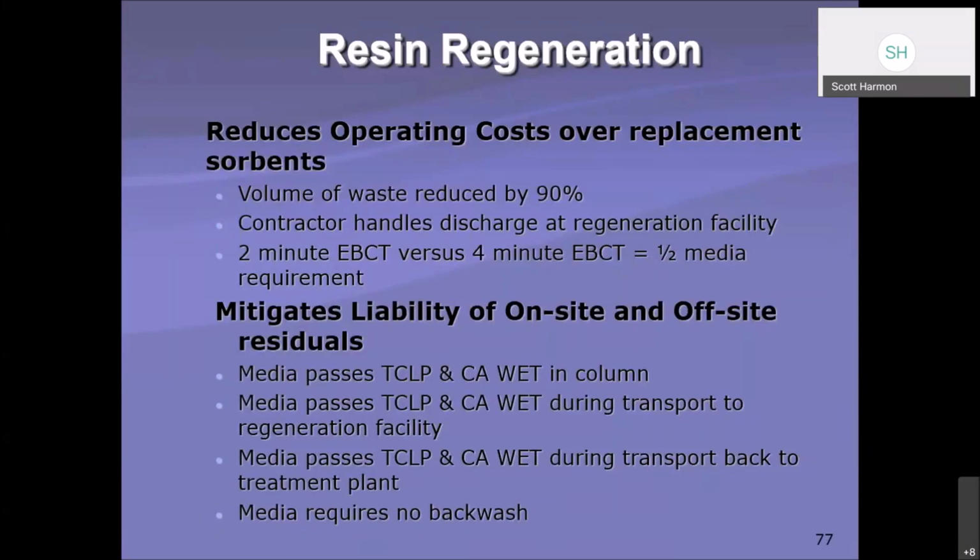The last category mitigates liability of on-site and off-site residuals. That's a pretty big deal, because in this particular case, you're not throwing these medias away, so you don't have to landfill them. Potentially put those in hazardous waste landfills.